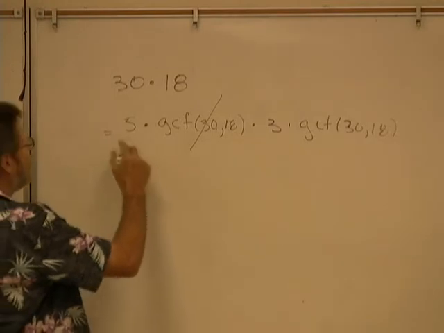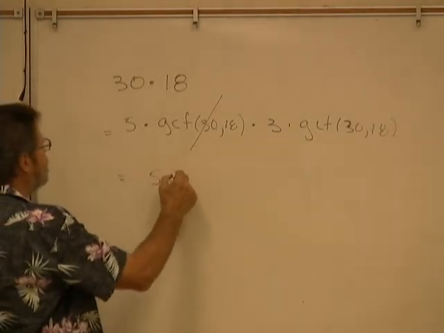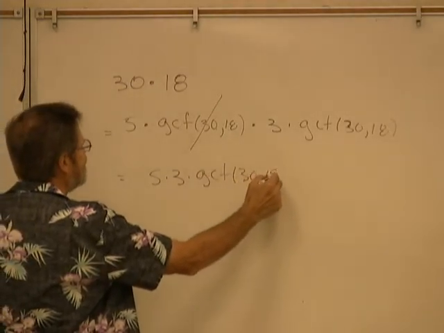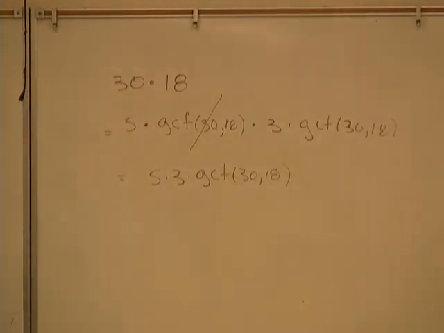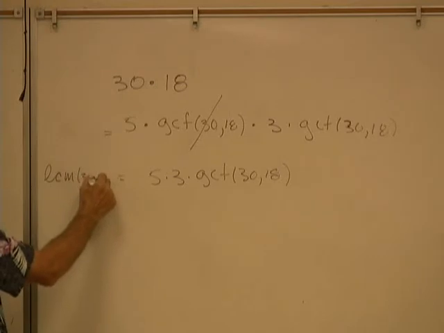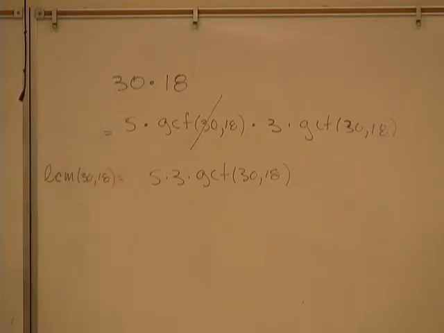And therefore, when we put this together, we get 5 times 3 times the greatest common factor of 30 and 18. What is that? That's the least common multiple of 30 and 18. All of those factors must be there, but nothing else.